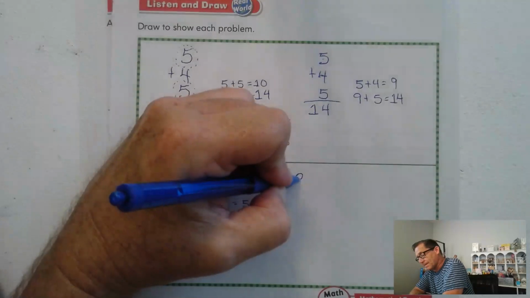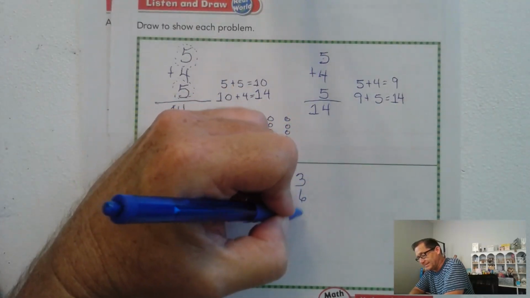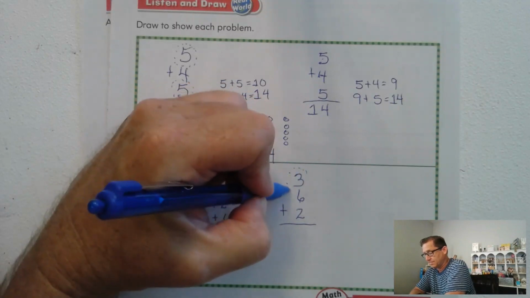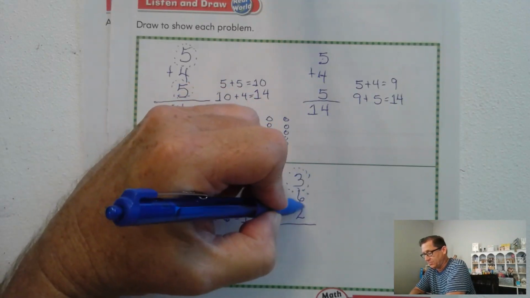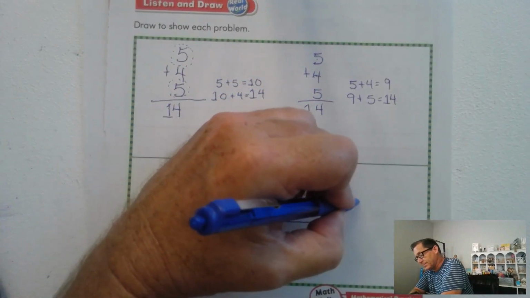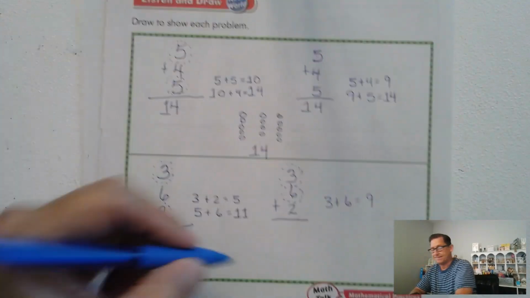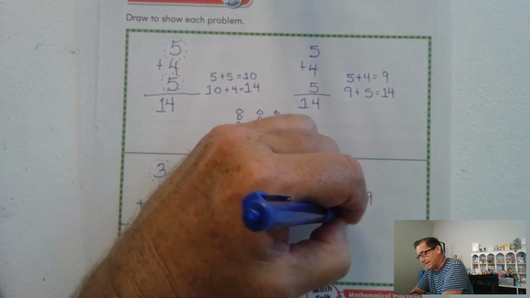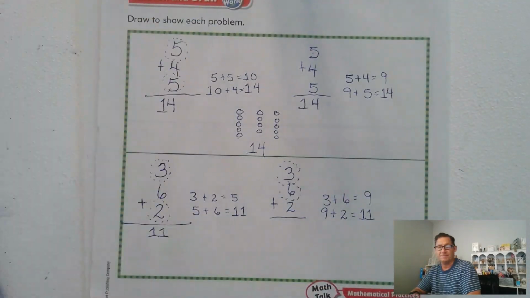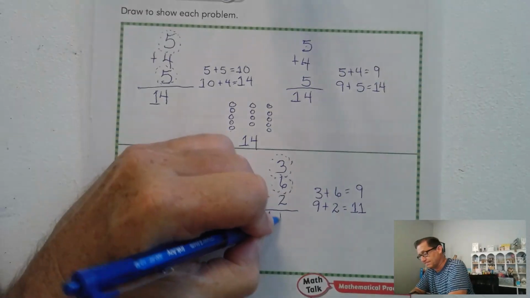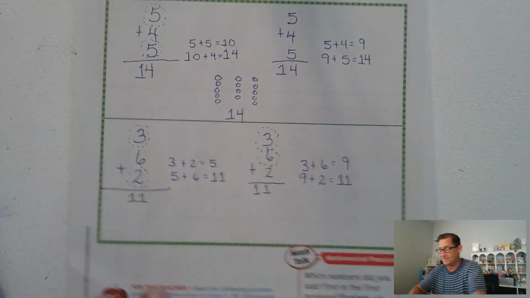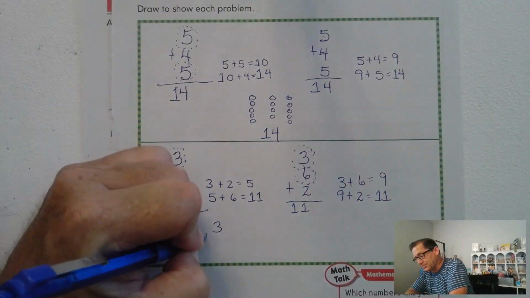Somebody else might have done just adding the first two. And 3 plus 6 is 9. And 9 plus 2 is 11. Maybe somebody added the last two together first.